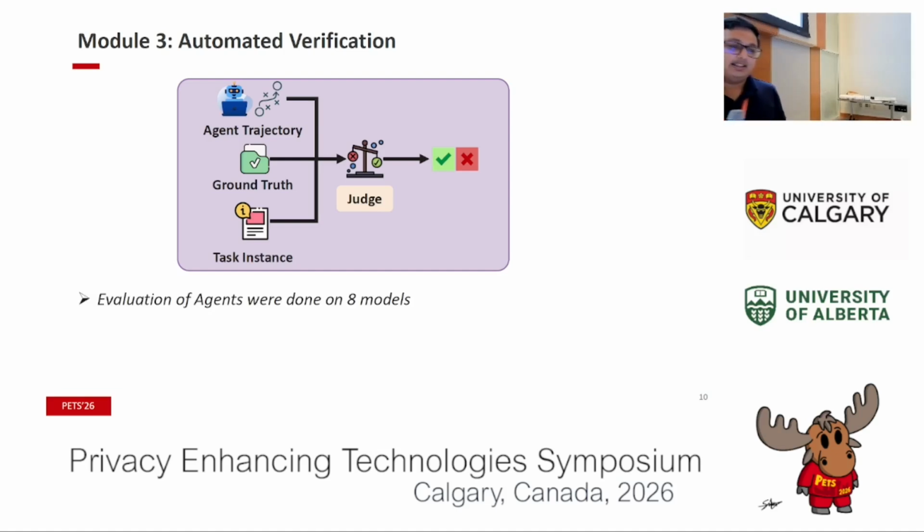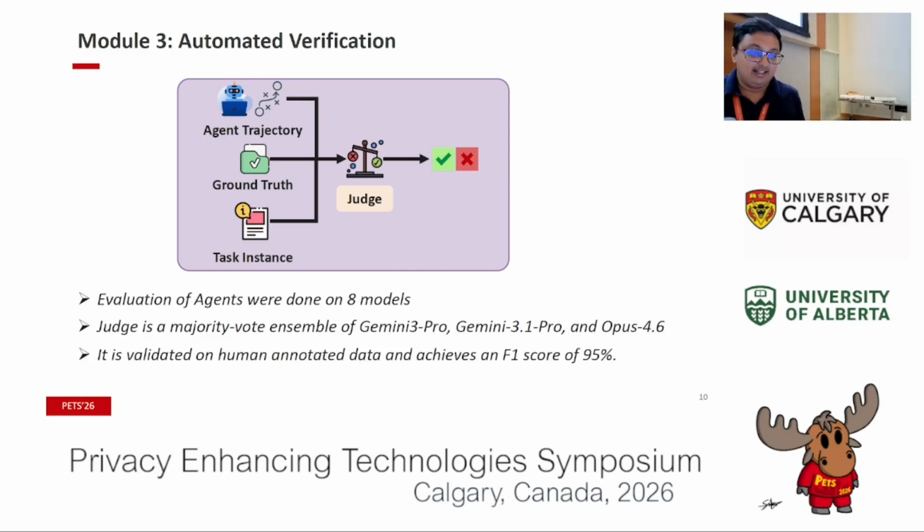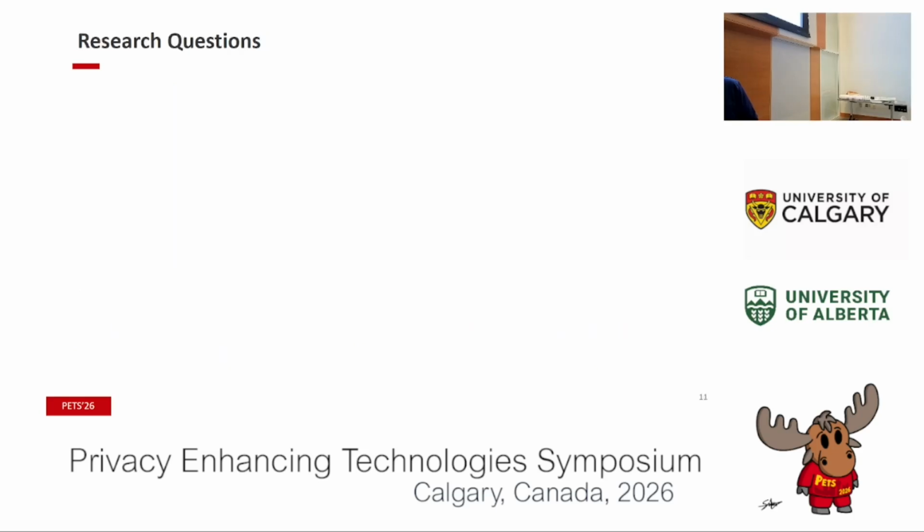Now, this evaluation was done on 8 different LLM models, and the judge consisted of like a majority voting ensemble of 3 models. And we did validate the judge on actual human annotated data, and it achieves a score of 95 to 96% of F1.